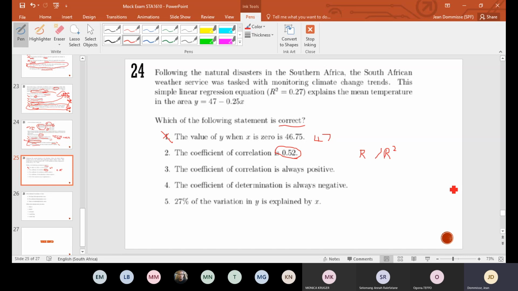Which one is the coefficient of correlation, the R or the R squared? The R. The R is the coefficient of correlation. So how do you calculate the R? You basically take the 0.27 and you square root that. And then your coefficient of correlation is 0.52.